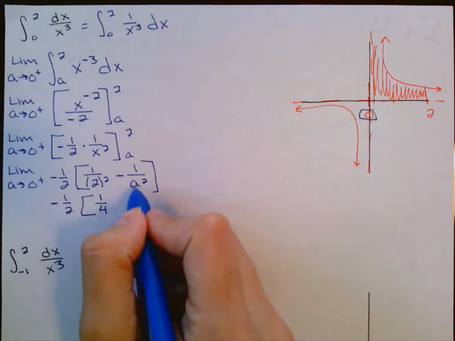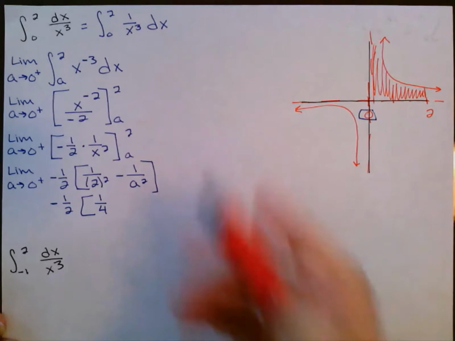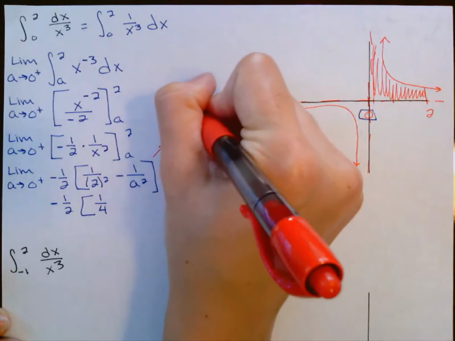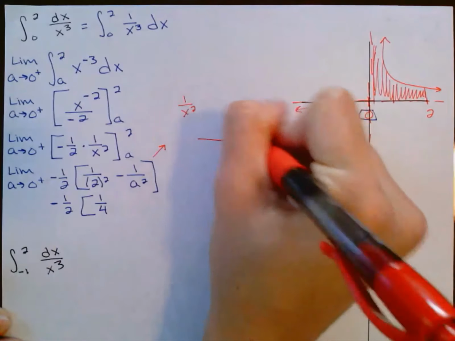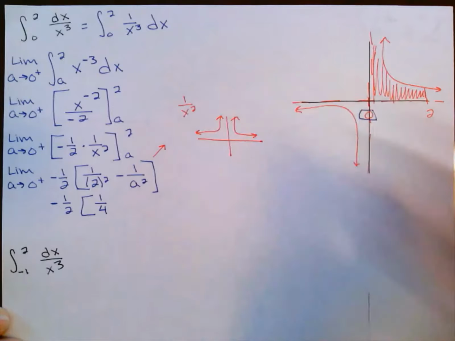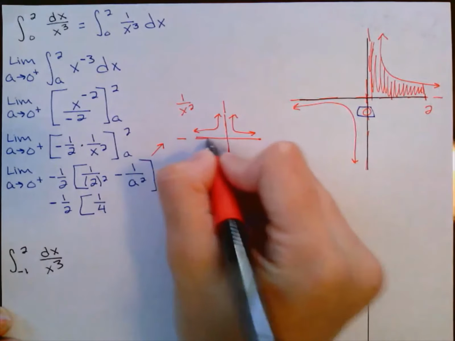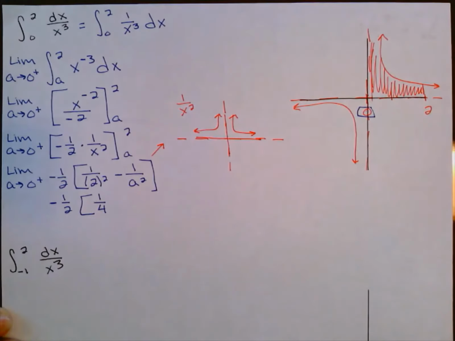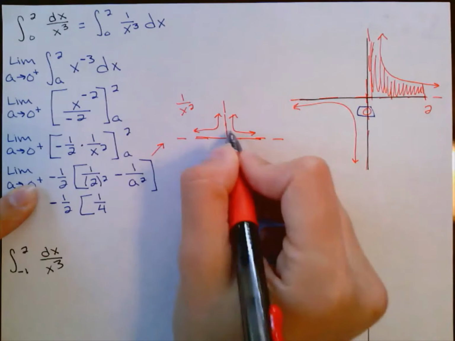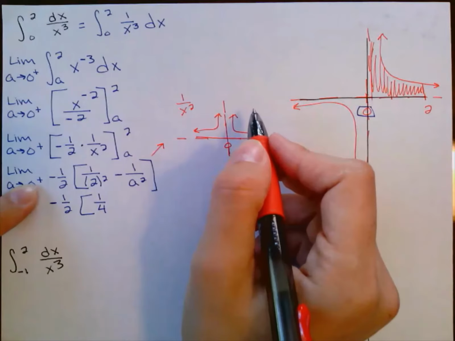Now if I plug in a 0 from the right here, 1 over a squared, it's like if I was saying 1 over x squared, is the graph that goes like this, with asymptotes on the zeros. So the question is, if I'm approaching 0 from the right-hand side, it will shoot up to infinity.